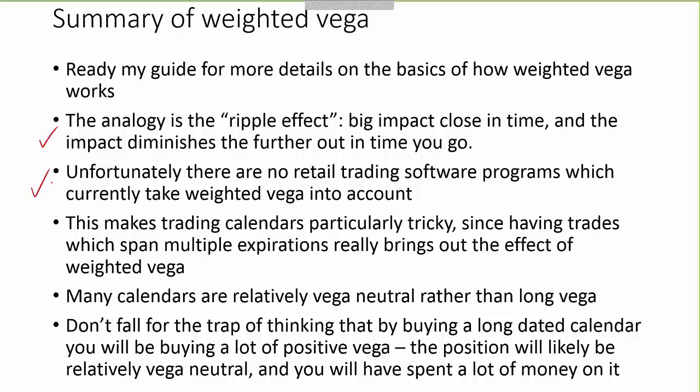I'm sure that the high-frequency traders and all that probably have software that does everything, but since I don't have a few $1 million to spend on that, it's not available to us. So for now you do have to use things like spreadsheets when you're looking at weighted Vega. But again, I'll make the spreadsheets that I've presented to you available, and you guys can play with that. And hopefully people can take it to the next level and start making them even cooler.